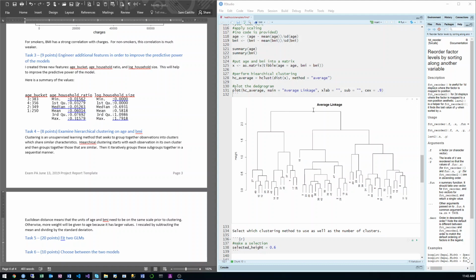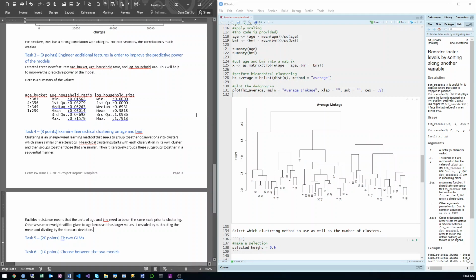If you only have one cluster, then everyone would be in the same group, right? If you have two clusters right here, then all of these records would be in one cluster, and all of these records would be in another cluster. So if you said height is equal to 2, you'll get 2 clusters. If you say height is equal to 1.5, you get 1, 2, 3, 4 clusters, and so forth.